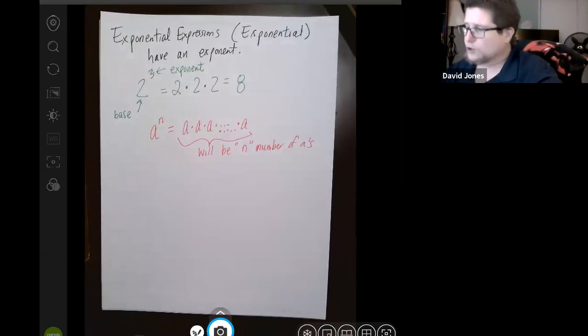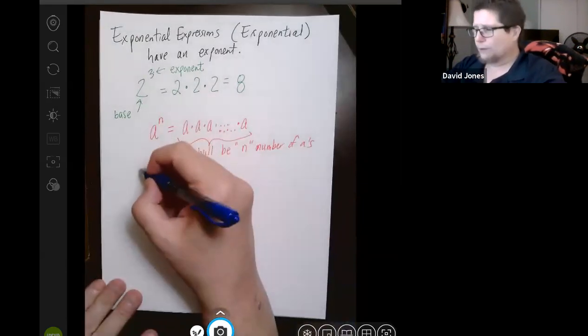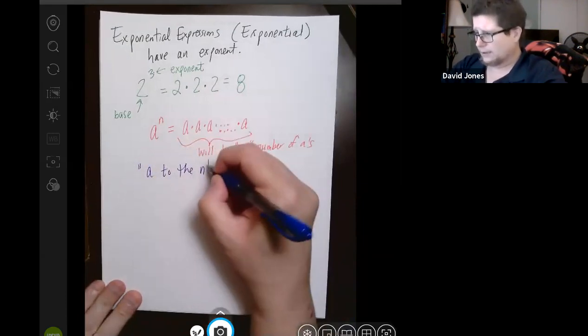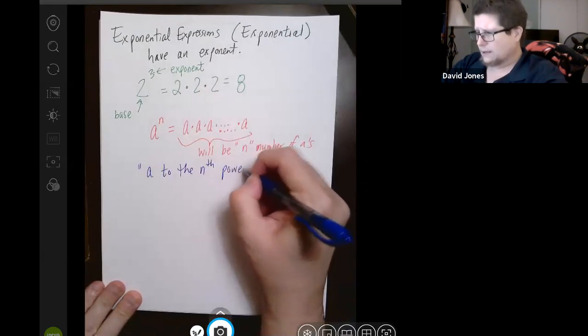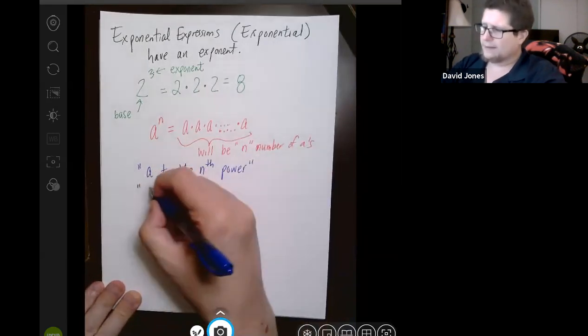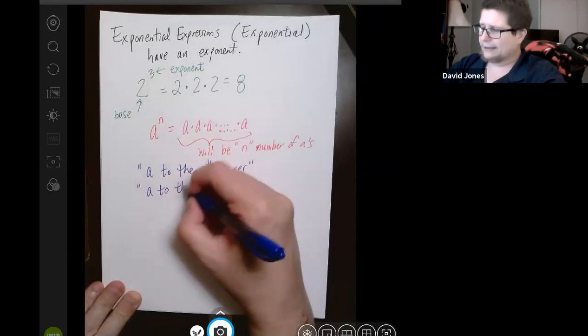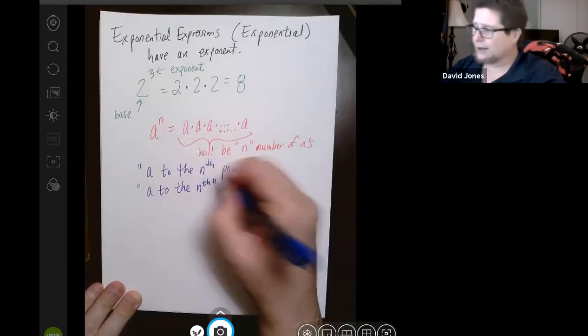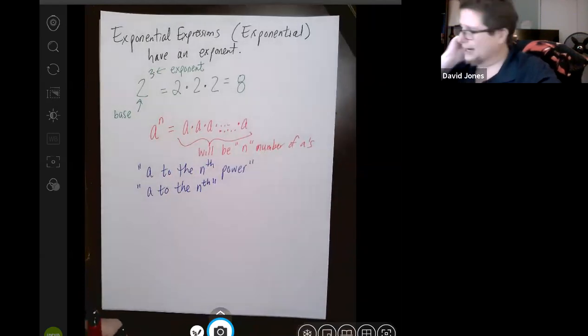And we use some terminology for this. We will say a to the nth power. And sometimes math people are very lazy. I'll point out several times how we're lazy throughout this course. Sometimes we drop the word power and we just say a to the nth.